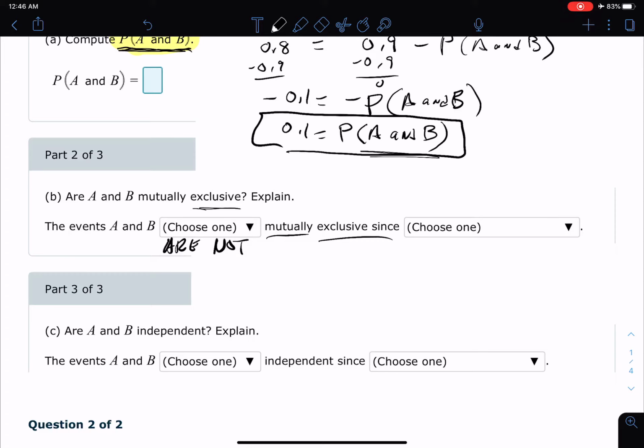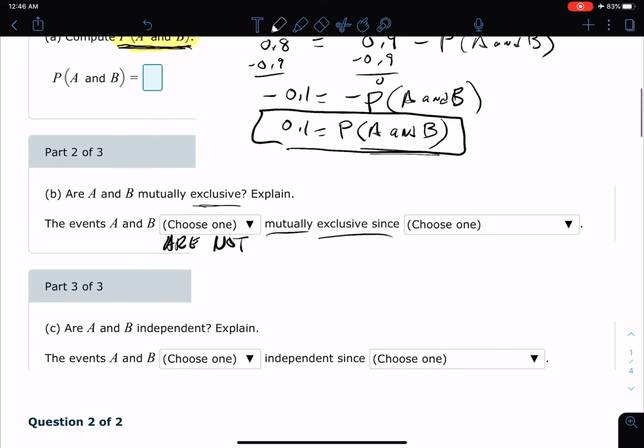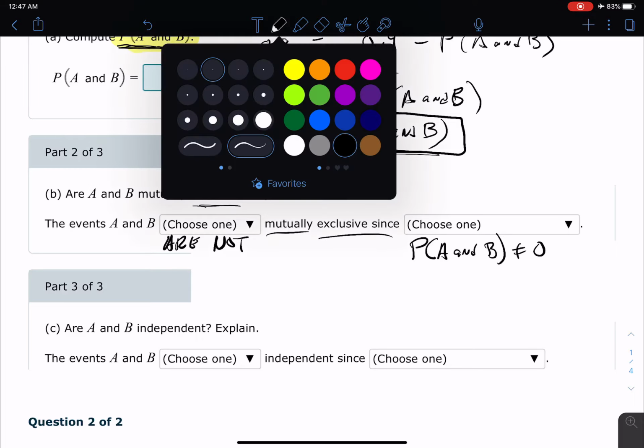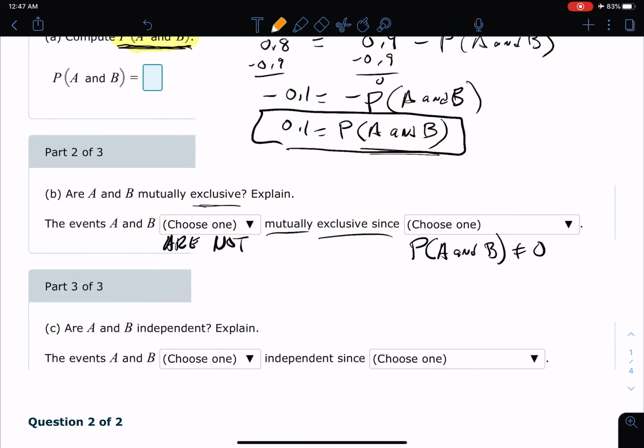And I believe the pull down menu says the reason why, and you have to choose. The reason why would be because the probability of A and B doesn't equal 0, and that's what you would choose. Now, if they didn't give me a pull down menu, another thing that would also work is to say the reason why they are not mutually exclusive is because the probability of A and B equals something.